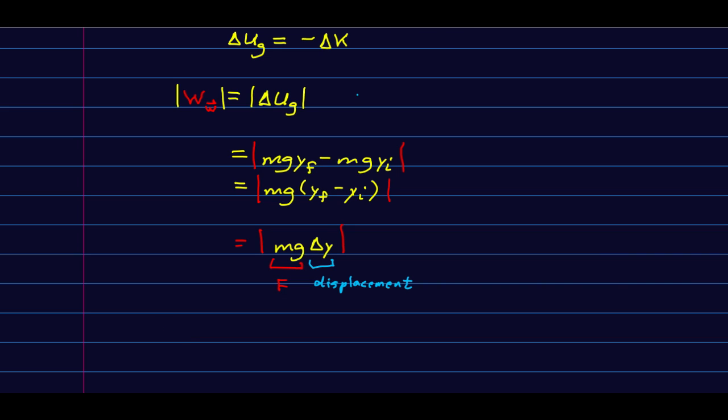A work done by some force F is just the magnitude of that force times, at the moment, I'll say the magnitude of the displacement. And I will say that this is not a full definition of work, but it's going to be good enough for a start.